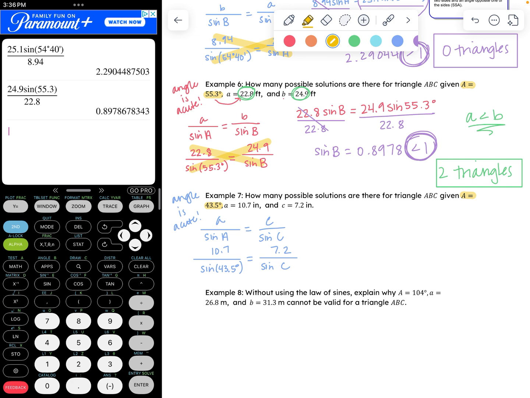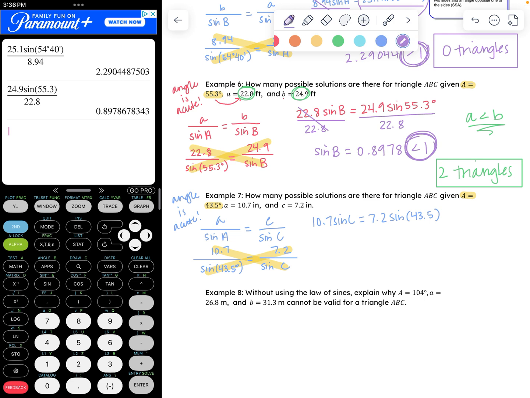So this one's not going to match up quite with our table because we have side C instead of B. So anywhere you see a B, just replace it with a C. Let's go ahead and cross multiply. I'm going to have 10.7 sine of C is equal to 7.2 sine of 43.5.